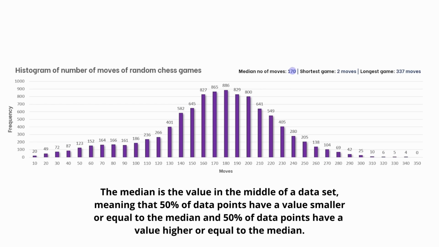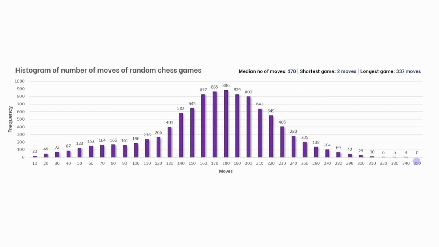Median is not really the average. I'm not gonna get too much into it. You don't want to take an average because the average might be skewed if you have a lot of, for example, high values or low values, so you want to get the median. But the average was also somewhere around that, was 165 I think. But anyway, 170 moves is the median number of moves for a random chess game.